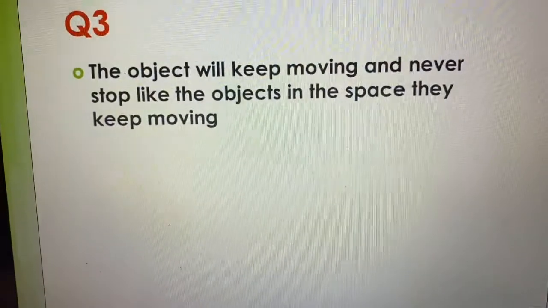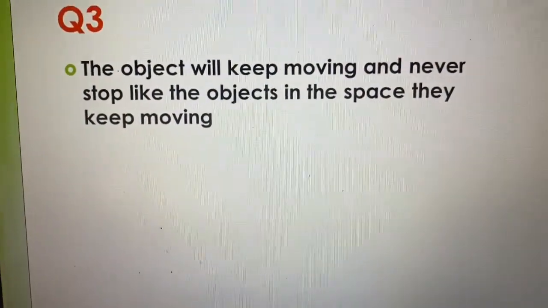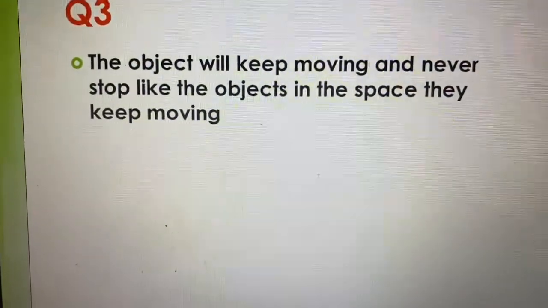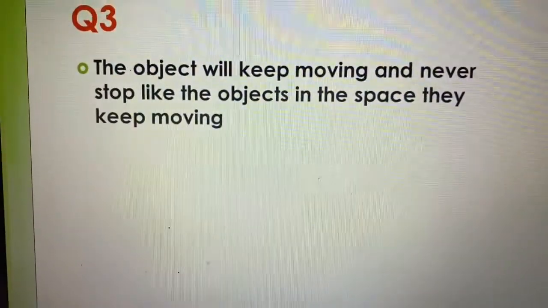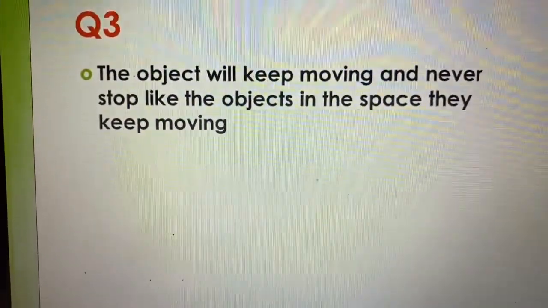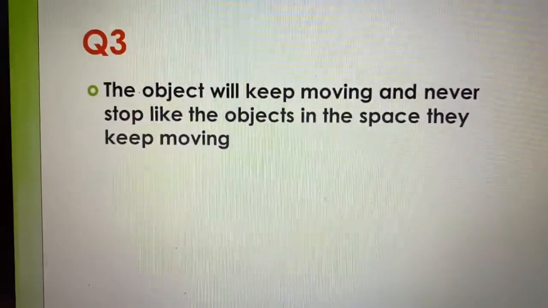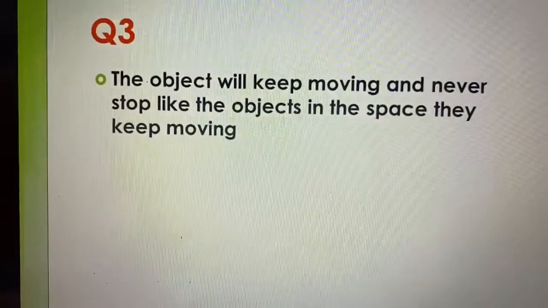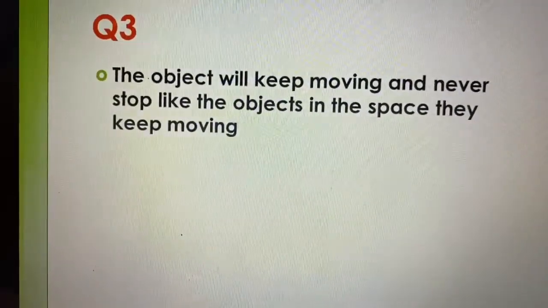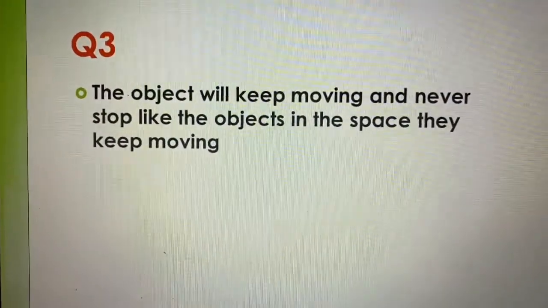If there is no friction, all objects want to keep moving. Like the objects in space, they never stop. Why? Because there is no friction, there is no air resistance. Okay, so this is the answer. You can find it in the PowerPoint. Please write down and draw questions 1, 2, and 3 in your notebooks. I will check this homework.